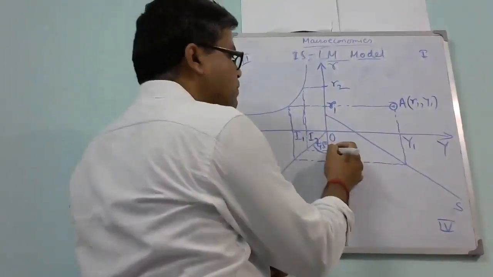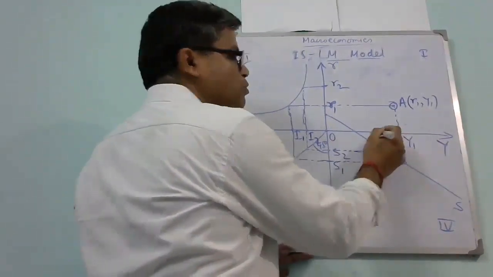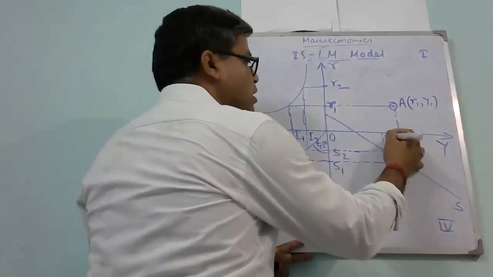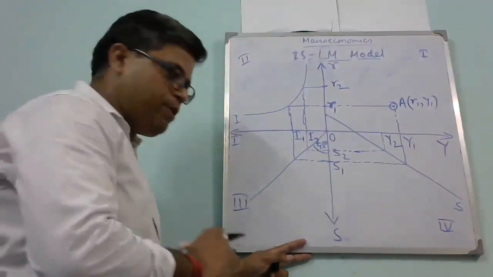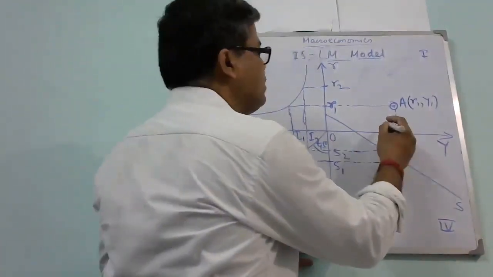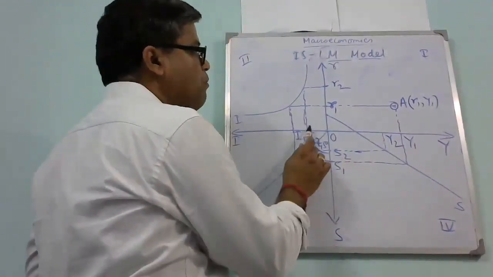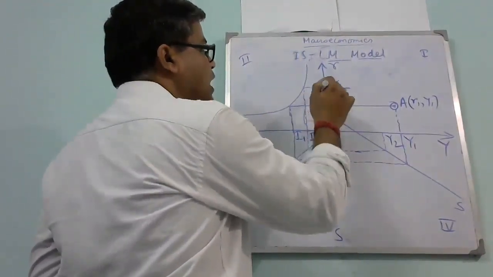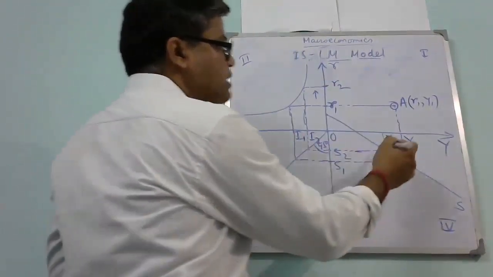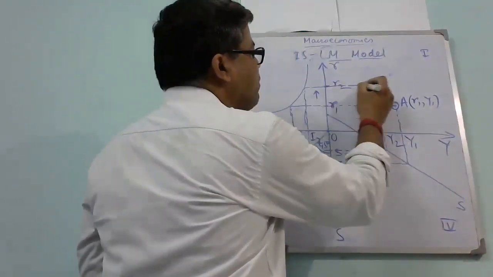For this amount of savings, how much income is required? Y2 amount of income is required. So for maintaining the product market equilibrium, when the rate of interest is R2, the national income should be OY2.